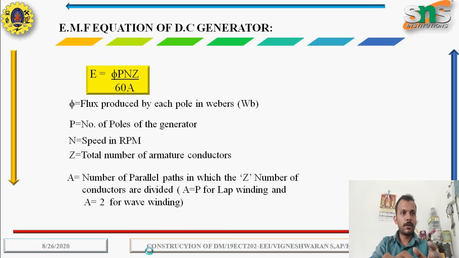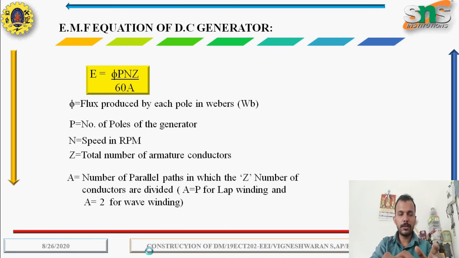Z is the total number of armature conductors. A is the number of parallel paths in which the Z conductors are divided. A is equal to P for lap winding, as we have discussed already, and A is equal to 2 for wave winding.